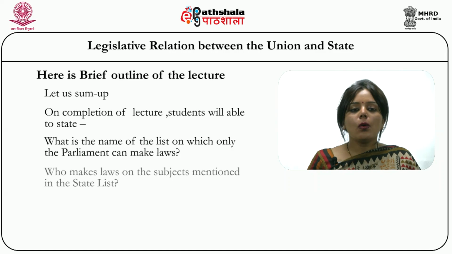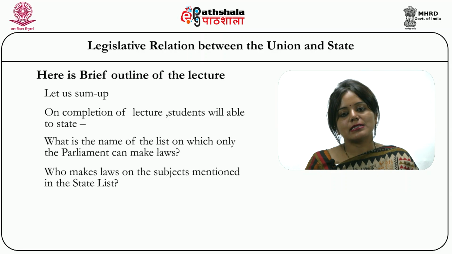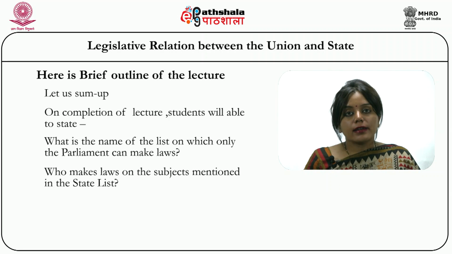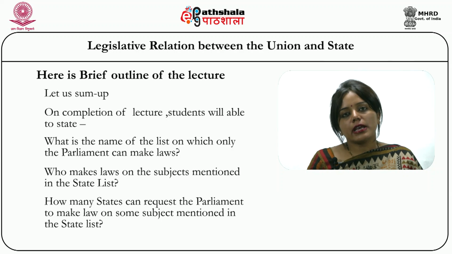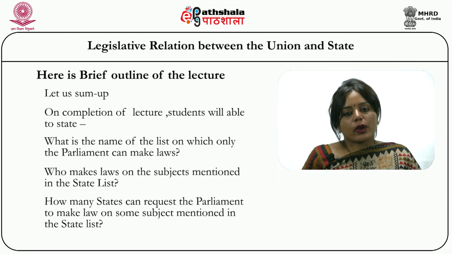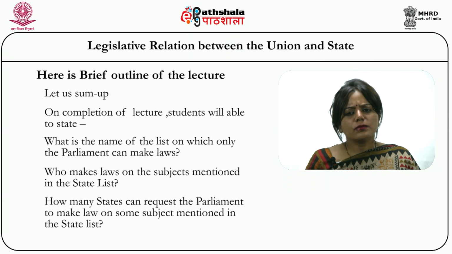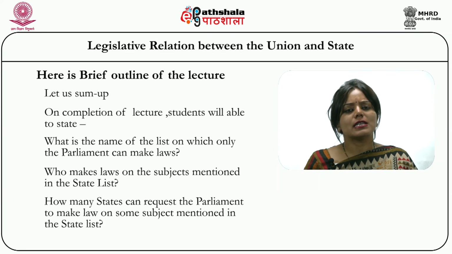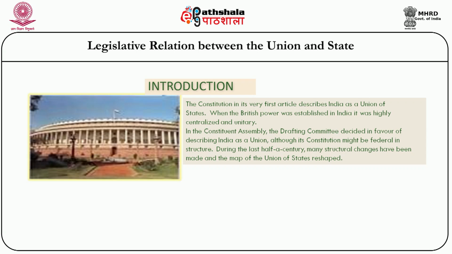After that, who can make laws on the subjects mentioned in the State List, and also how many states can request the Parliament to make law on some subject mentioned in the State List. So dear students, let us come to the introduction portion of the legislative relations between Union and States.